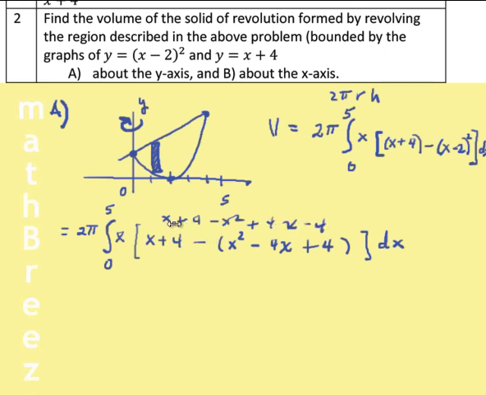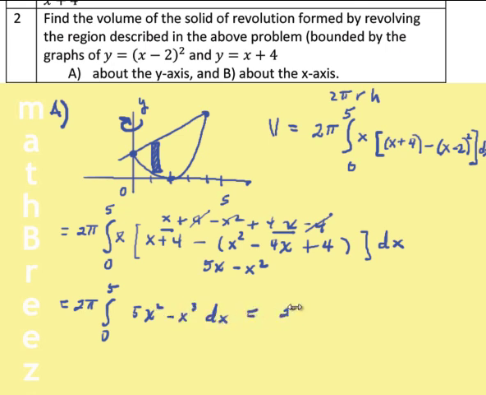So what's that equal to? We have a 4 and a minus 4 that cancel. And so here we have 5x minus x squared. So in brackets we have 5x minus x squared, multiplied through by that x, so that would be 5x squared minus x cubed.